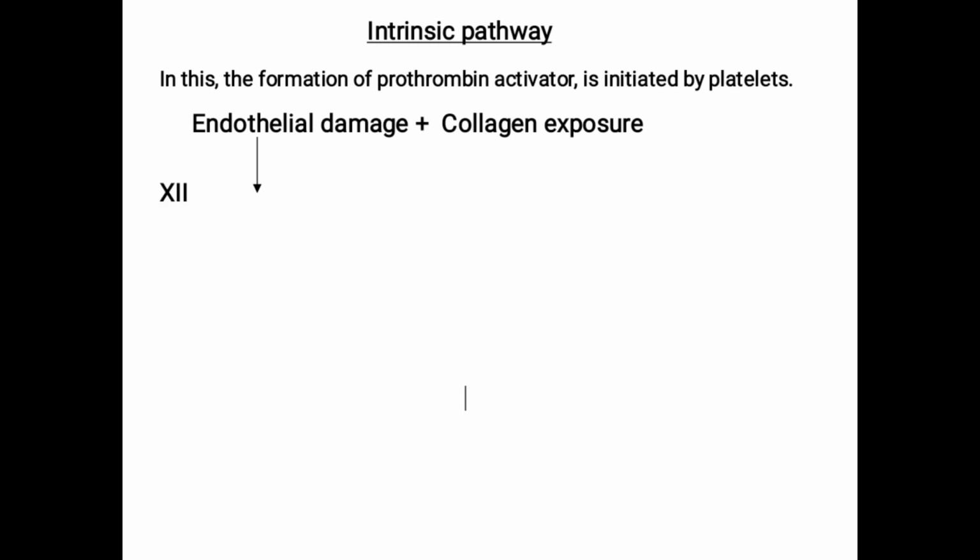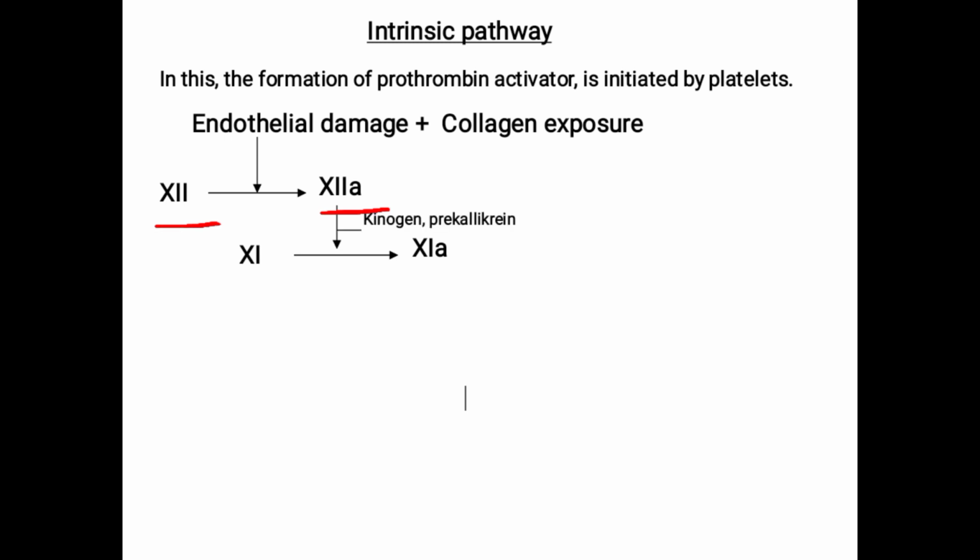So now factor 12 gets activated into activated factor 12. This is factor 12, and 12a with small a means activated. This activates factor 11 and converts it into activated factor 11, okay.